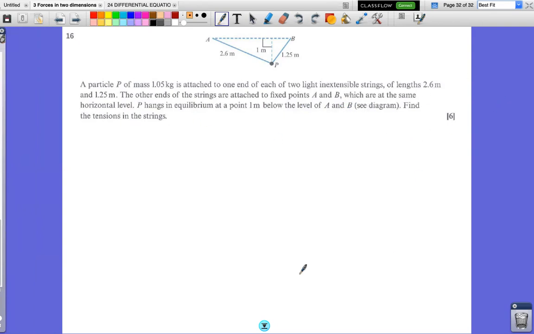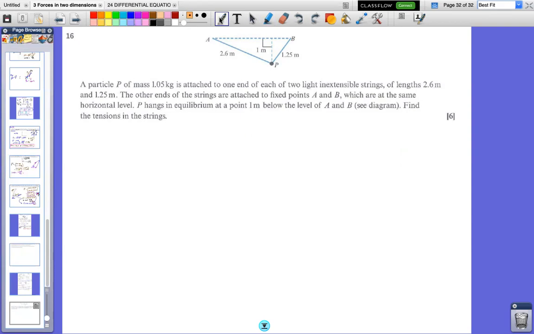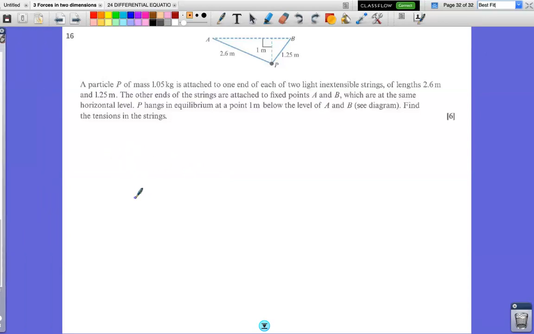This is a very interesting problem. Okay, it's a past question problem, so I can understand. Usually, past question problems have this kind of problem on finding tension in the string. So let me redraw this.